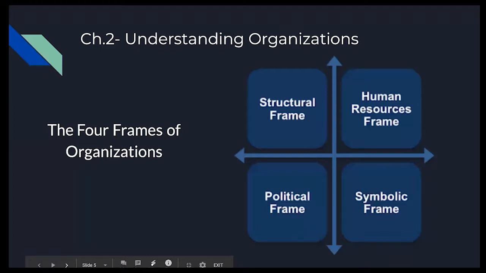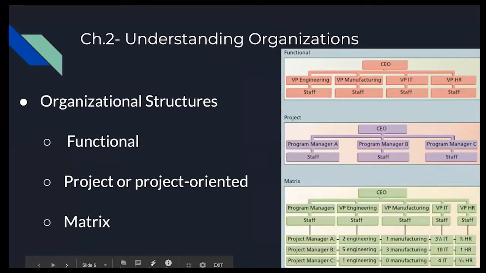Next page, please. So now we're going to dive deeper into organizational structures. These are the three forms of organizational structures: functional, project, and matrix. On the right, you can see the top one, the functional one. That's the most standard one.